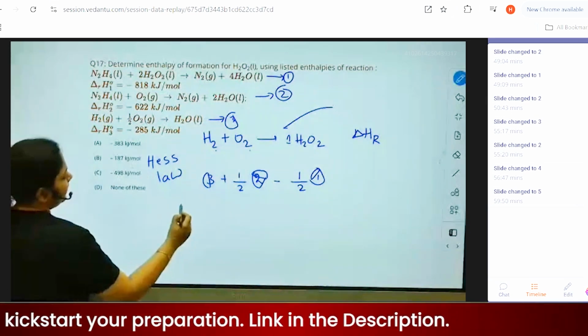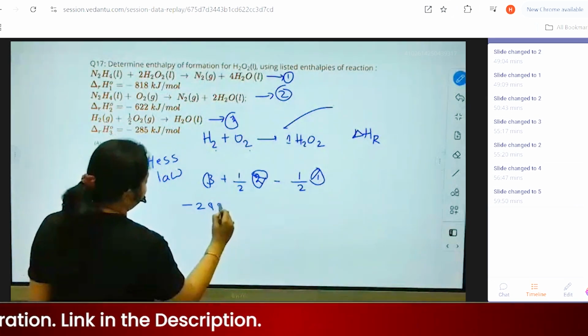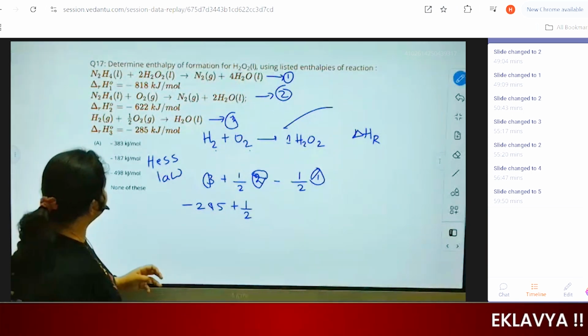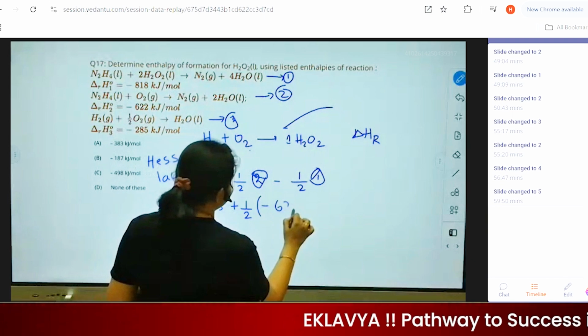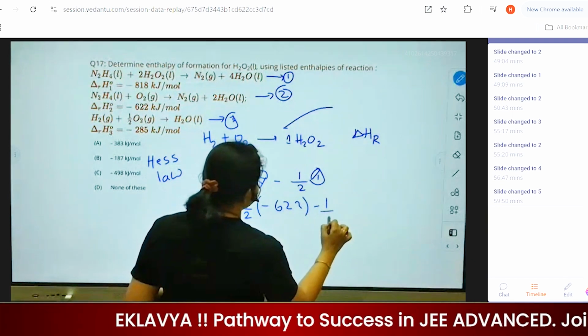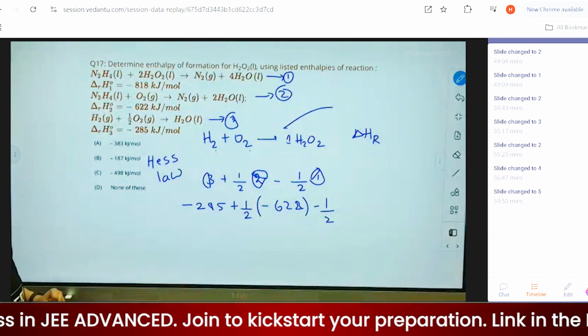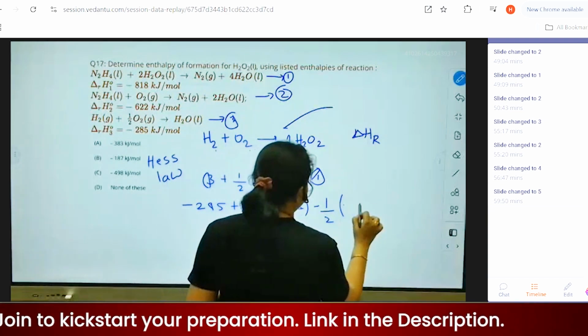What is it? Minus 285 plus half into, what is 2? 2 is minus 622, minus half into number 1, which is minus 818.